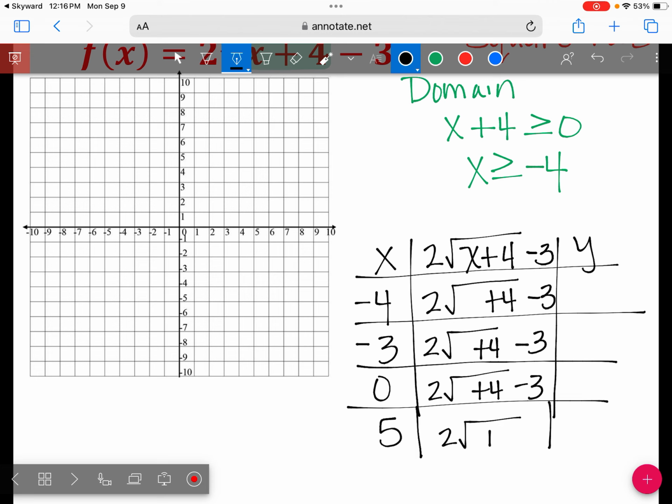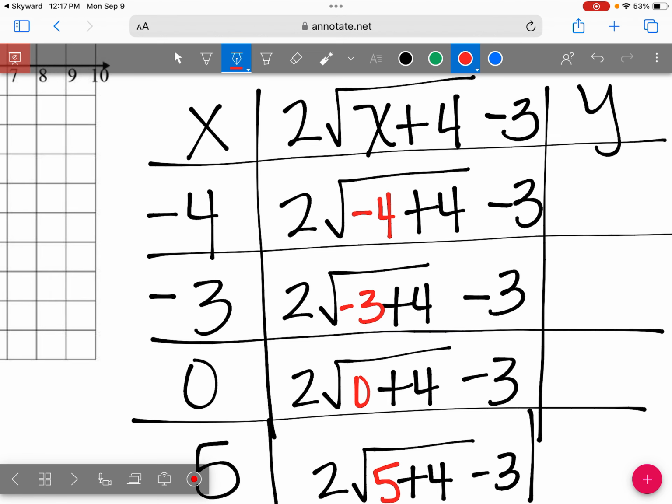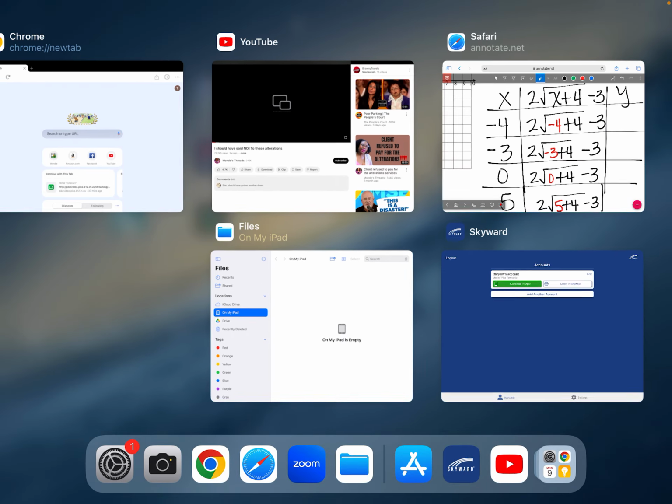Do you have to pick the numbers that I picked? No. Nope. I just picked the numbers that I knew would give me a whole number. Because what I want is perfect squares underneath the square root. So I know that if I add these together, I get 0, which is a perfect square. And I add these together, I get 1, which is a perfect square. If I use -2 or -1, I'm going to get a decimal. I don't want to fool with a decimal, so I didn't use that. I used 0 next because 0 plus 4 is a perfect square. And then 5 plus 4 is a perfect square. So go ahead and get your numbers here.